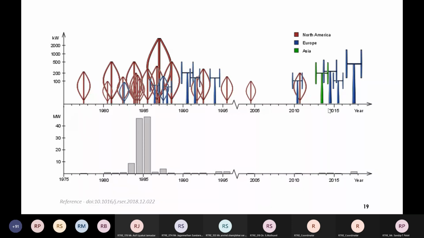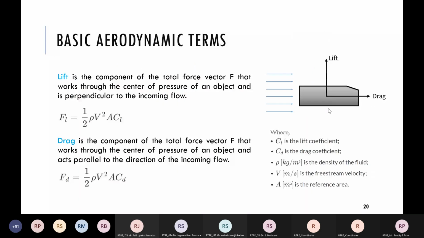Before we get into the aerodynamic techniques of the rotor, we need to understand basic aerodynamic terms. First is lift. It's a force vector which we apply on the center of pressure of an object, perpendicular to the incoming flow. Now, what is center of pressure?